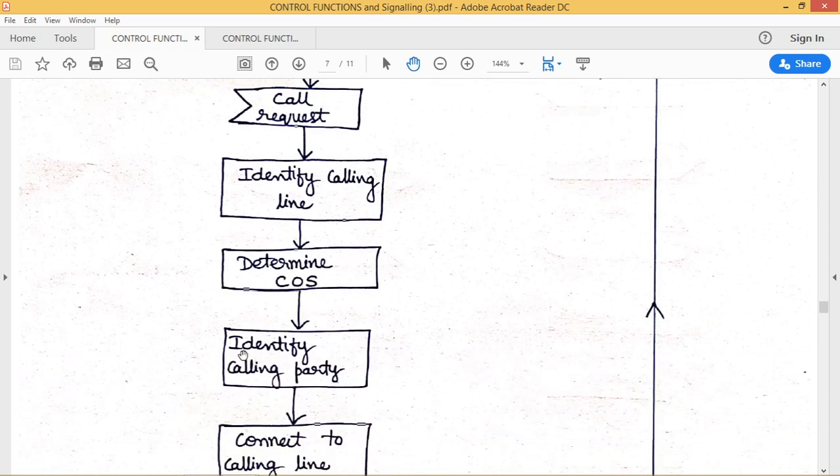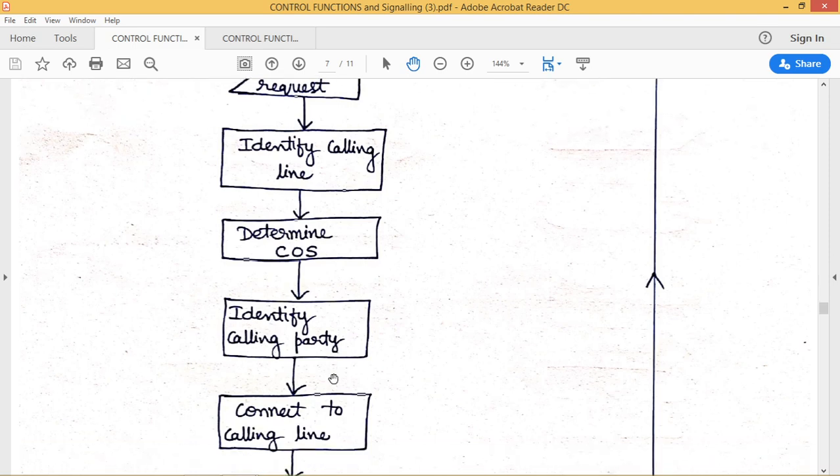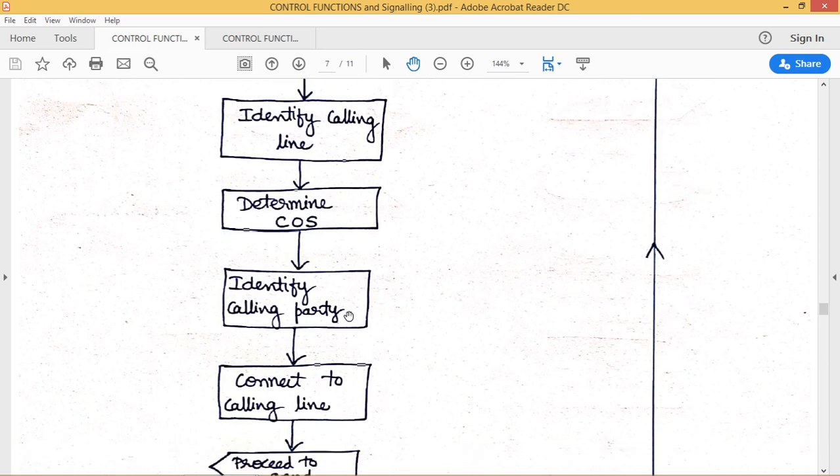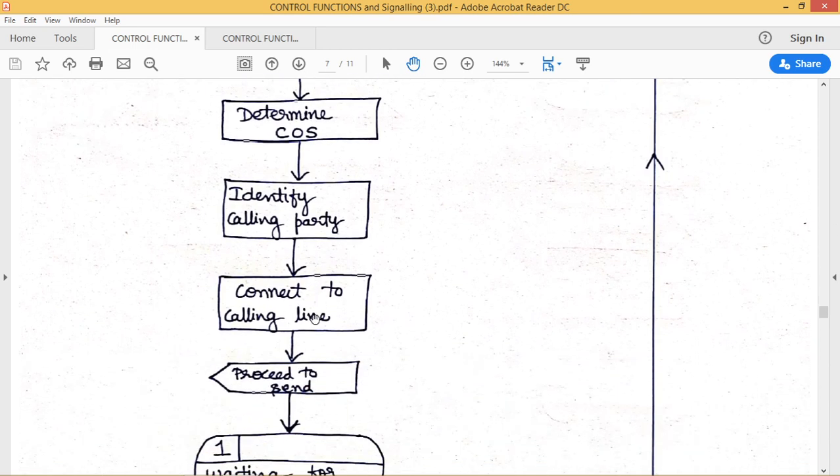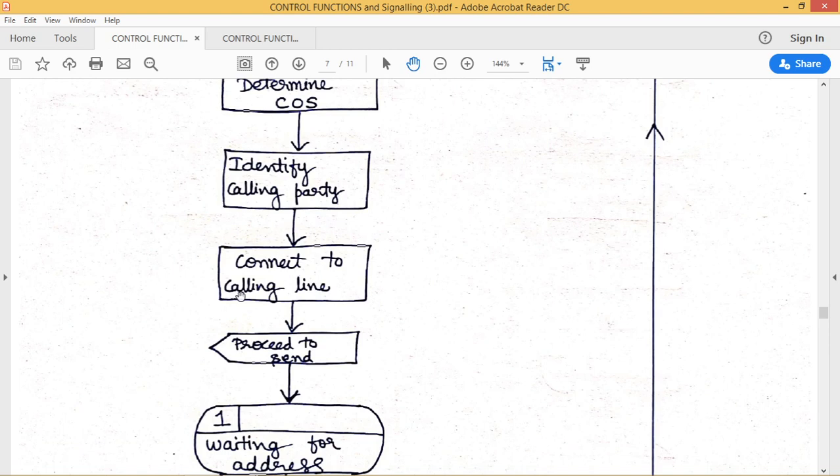After determining, it will identify the calling party for billing. So once it has identified, a connection to the calling line is made. Of course all these are action boxes.